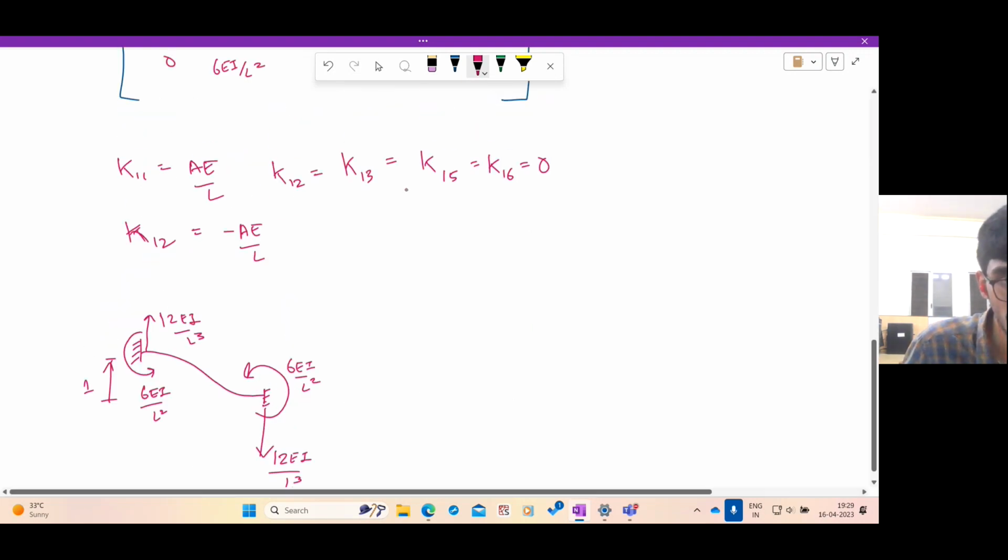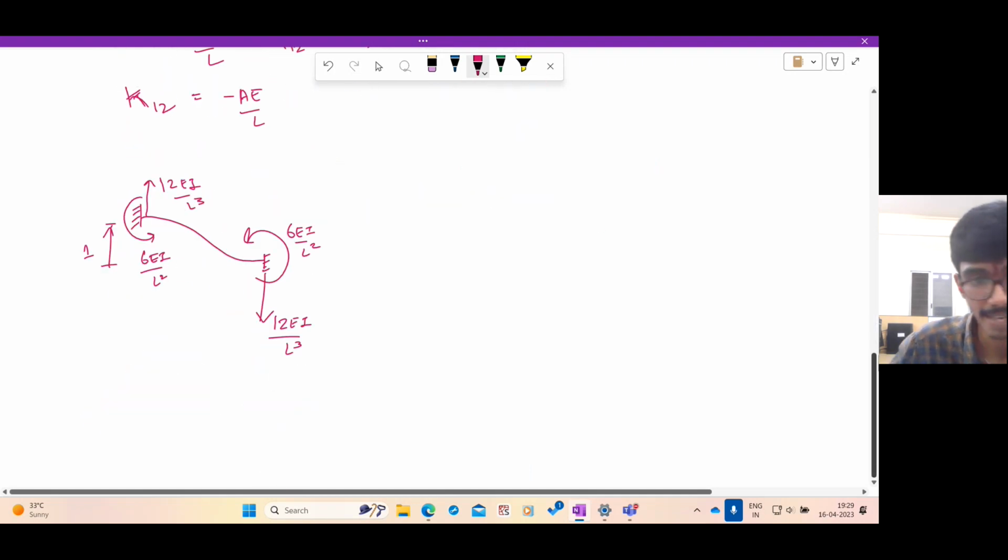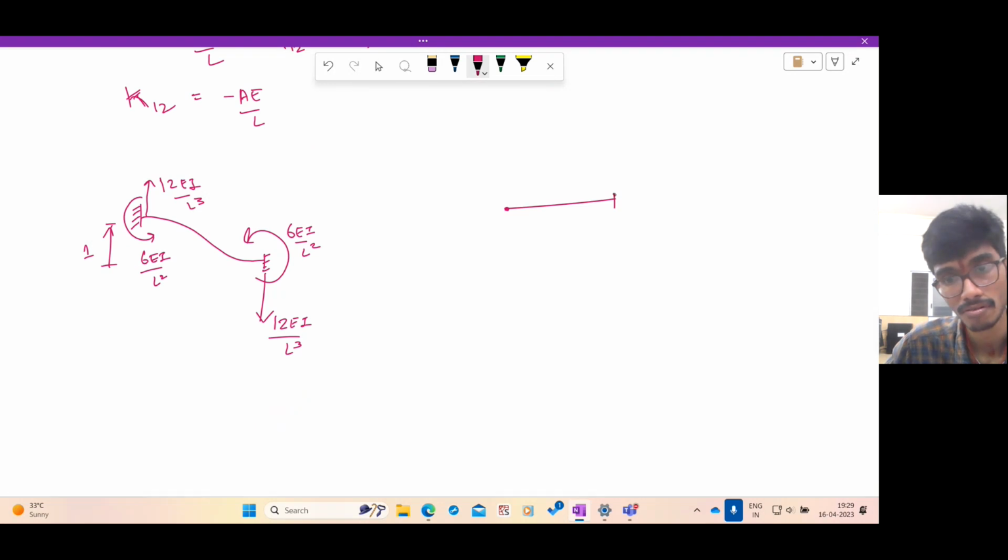Now let us see the third case where you apply a rotation, and that is a direct outcome of the slope deflection equations. So you fix this horizontally and vertically, and you allow a rotation. So how does it deform? It deforms like this. And we know everything from this. What are the moments?